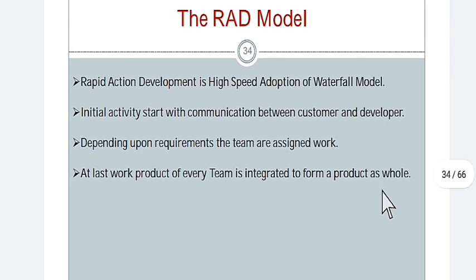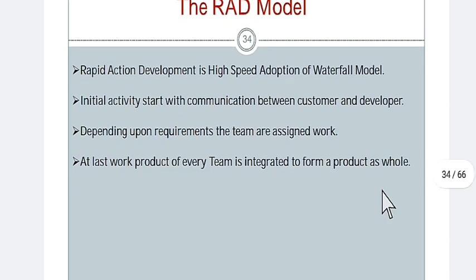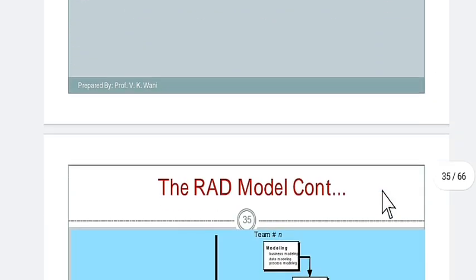All the teams work simultaneously on these modules. So that's why the speed of operation is increased, because all the modules are designed simultaneously. That's why the time required is less.